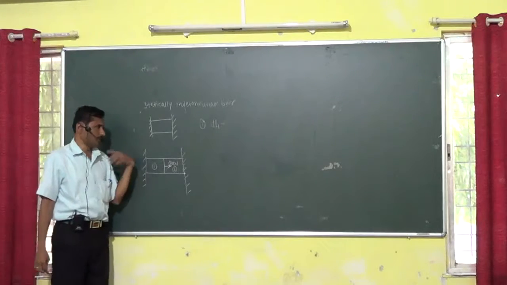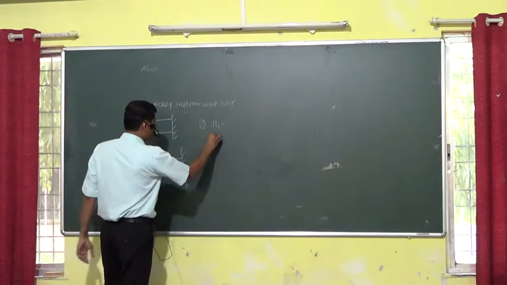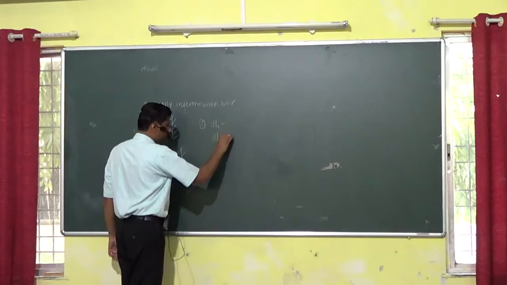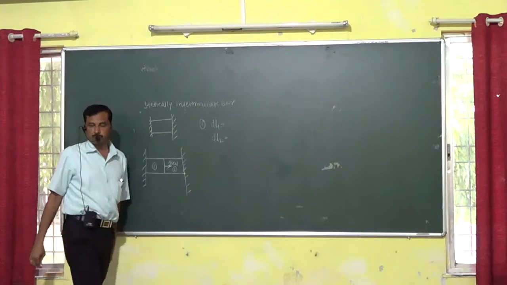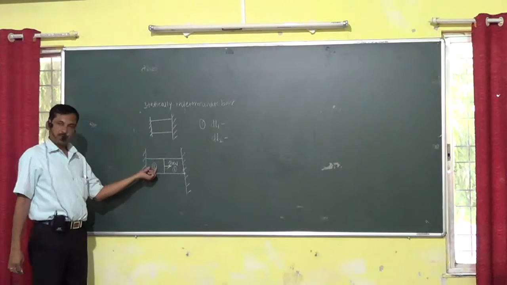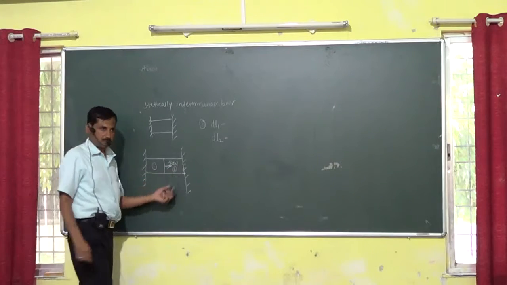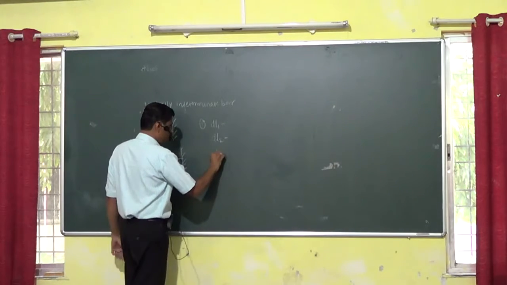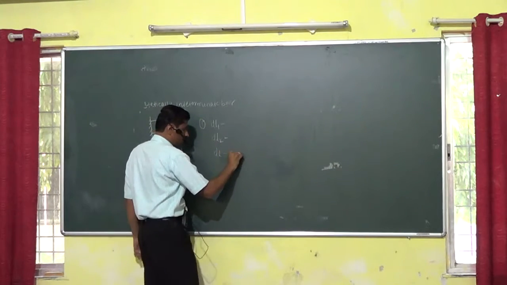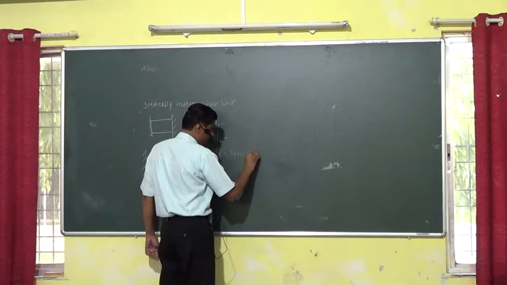Deformation in section 1, and if suppose dl2 is the deformation in section 2, then addition of these two deformations, if suppose dl is the total deformation, we are considering this as total deformation.